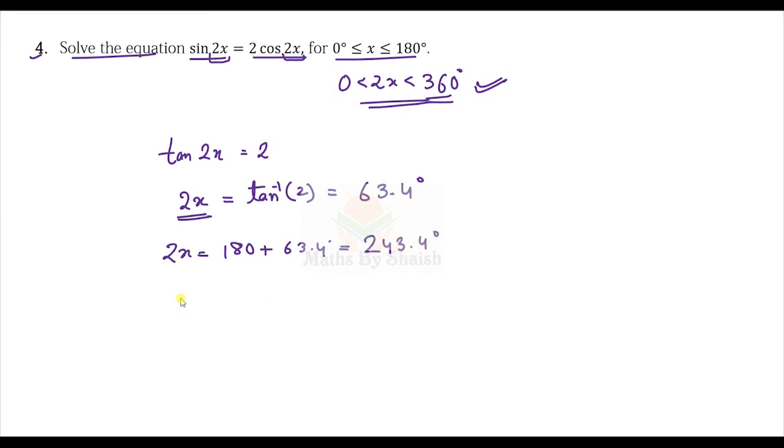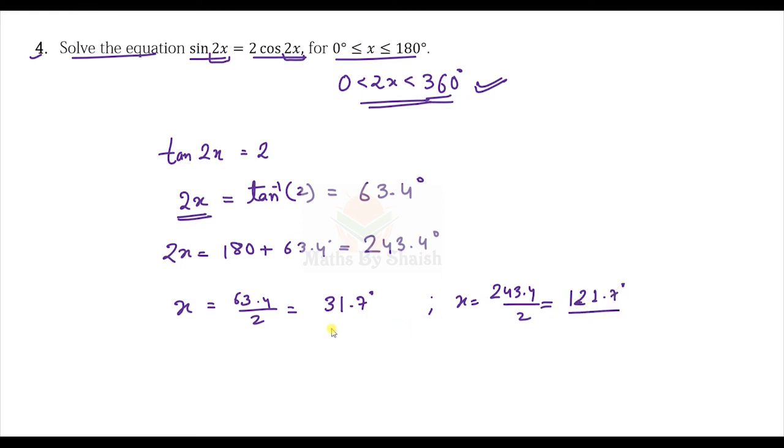So from here we'll get the x value as 63.4 divided by 2, that is 31.7 degree, and x is equal to 243.4 divided by 2, that is 121.7 degree.